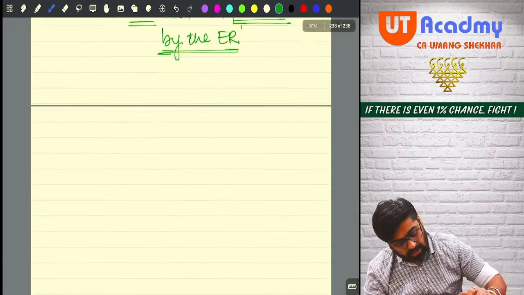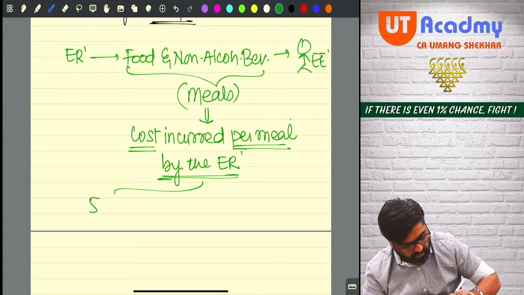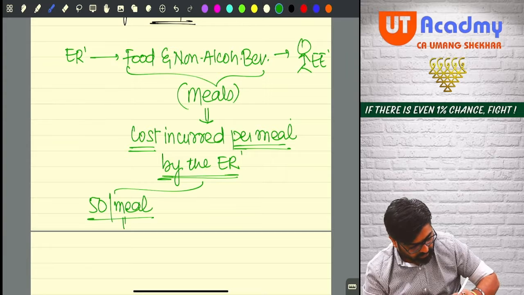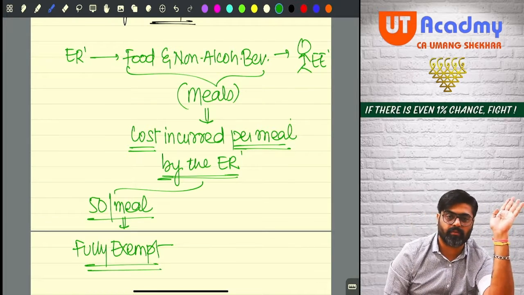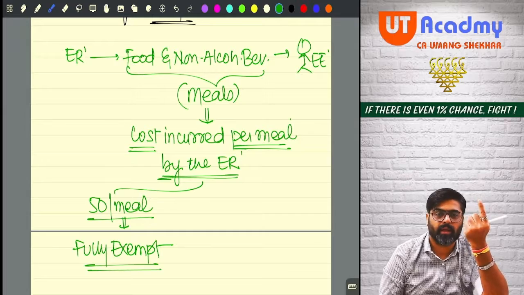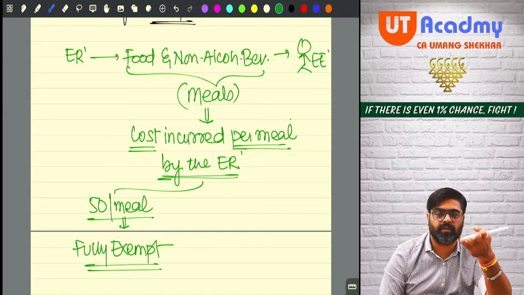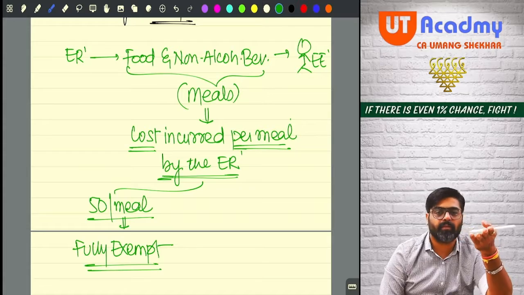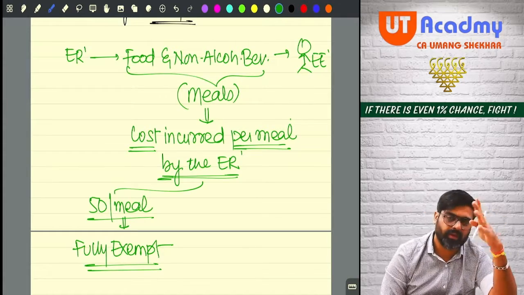But remember, if the cost incurred per meal by the employer happens to be 50 rupees per meal, then it will be fully exempt. Nothing will be taxable. So per day, a meal is given, and the cost of that meal is 50 rupees. So the benefit per day is 50 rupees? Fully exempt.